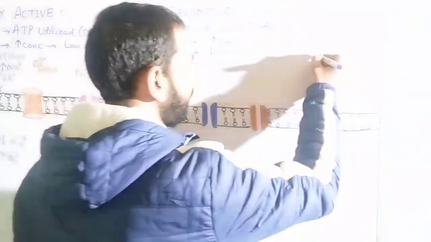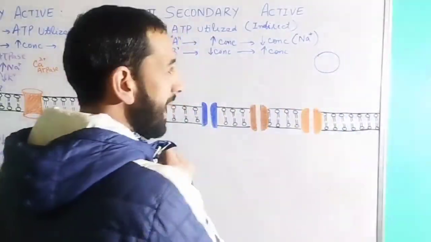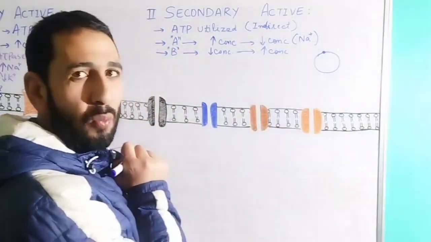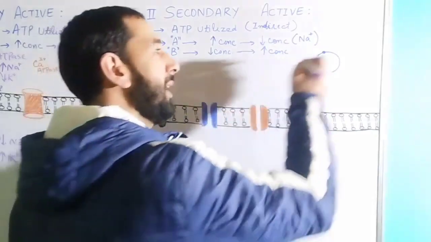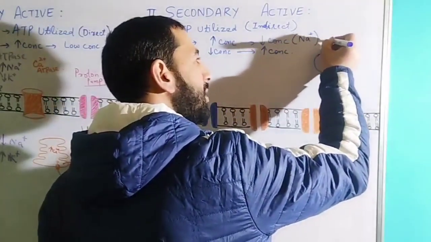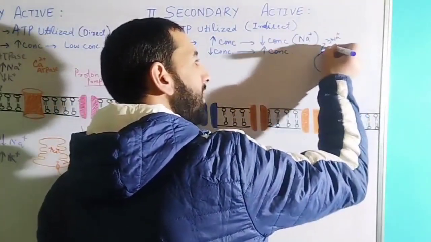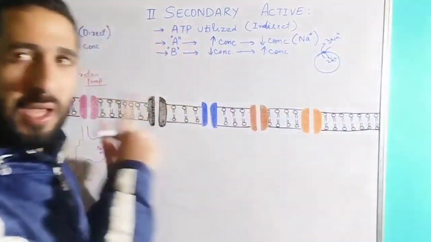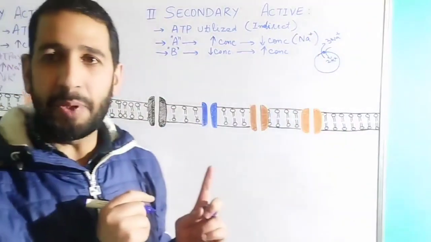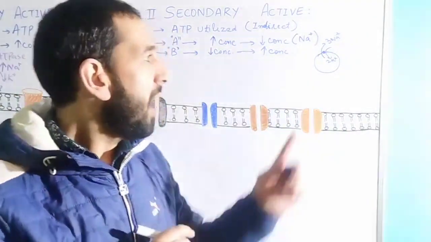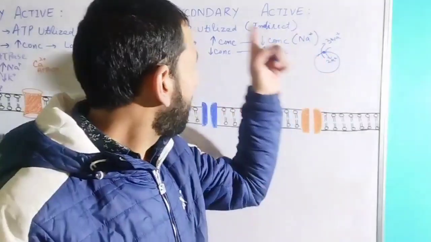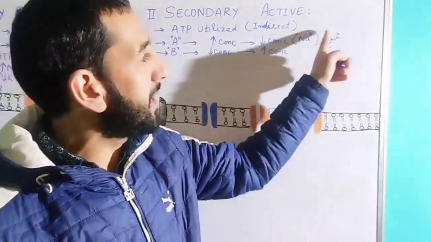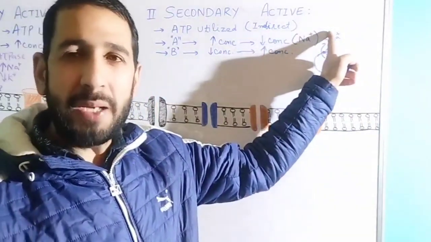Now suppose here is a cell, here is a cell membrane, here is that sodium potassium ATPase. What that sodium potassium ATPase is doing is continuously sending 3 sodium ions out, and continuously bringing 2 potassium ions in. That we have talked about as the first example of primary active transport. Now, if this sodium potassium ATPase is continuously sending 3 sodium ions out, what does that mean?